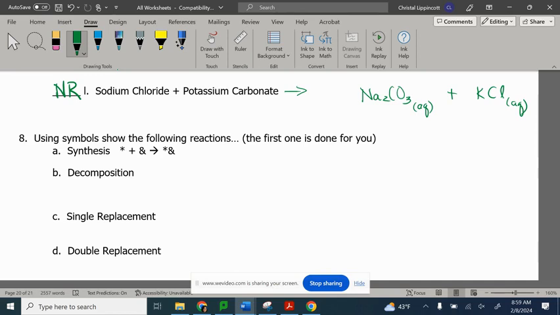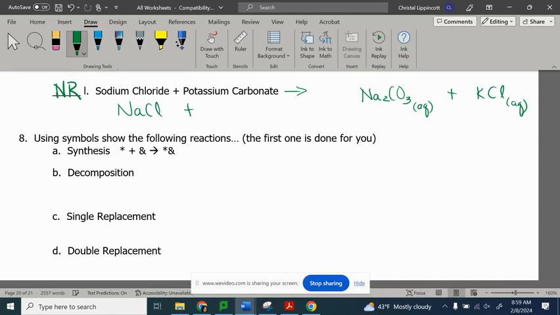On the test, do you want it balanced for no reaction? No. If it's no reaction, I just write no reaction and you can move on. Did you write that backwards? These are the products. I just didn't write out the reactants.